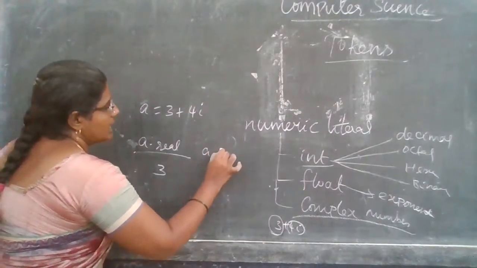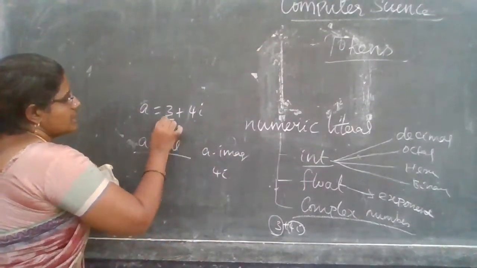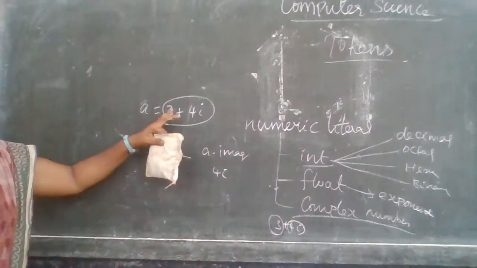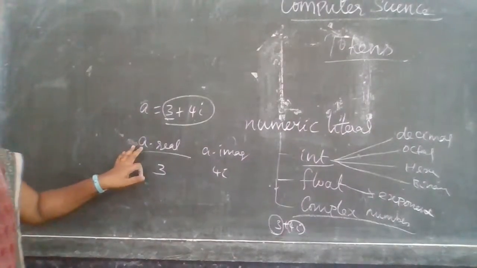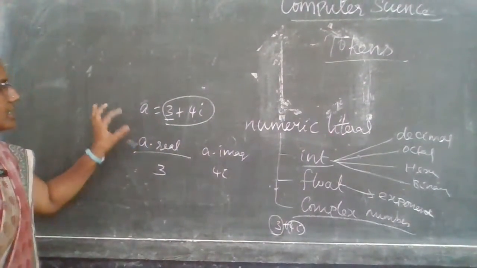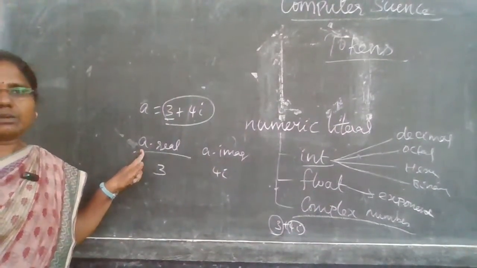If I use a dot imaginary, the answer is 4. So a complex number is the combination of a real and an imaginary part. If you want to access the real part, use a dot real, and for the imaginary part, a dot imag. Why am I using a here? The value is stored in the variable a, so I am using that variable name here.